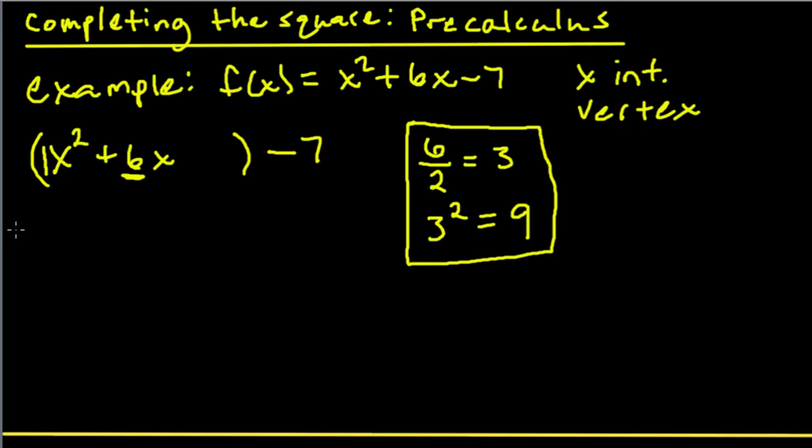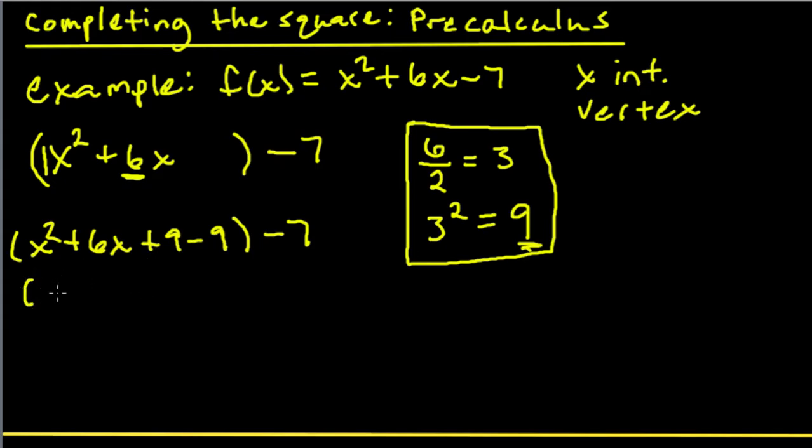So we go back and we have x squared plus 6x. Now we take this 9, and we're going to add it and subtract it. Which seems a little weird at first because 9 minus 9 is of course 0, but that's okay because we're trying to manipulate this function without actually changing it.